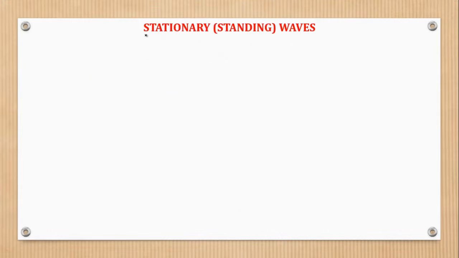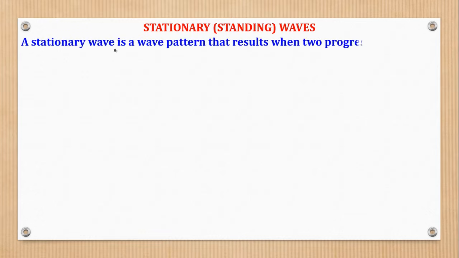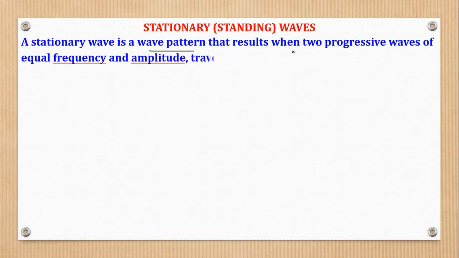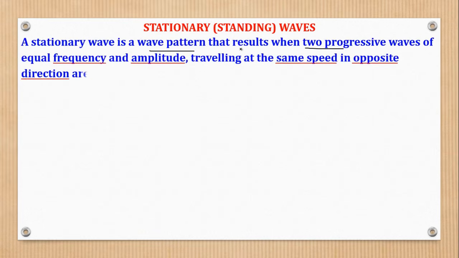So now we shall go to what we call stationary waves. We have been looking at progressive waves, and now we shall go to stationary waves. So a stationary wave is a wave pattern that results when two progressive waves of equal frequency and amplitude, traveling at the same speed but in opposite directions, are superposed.